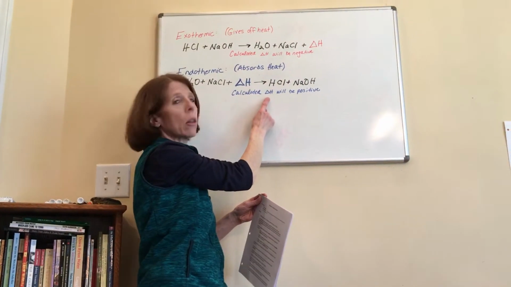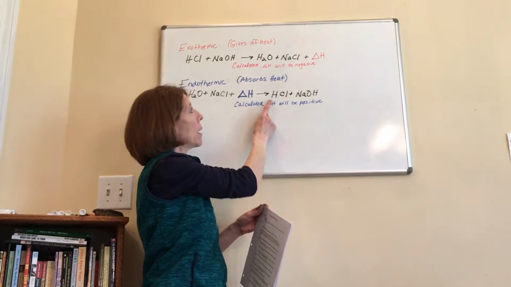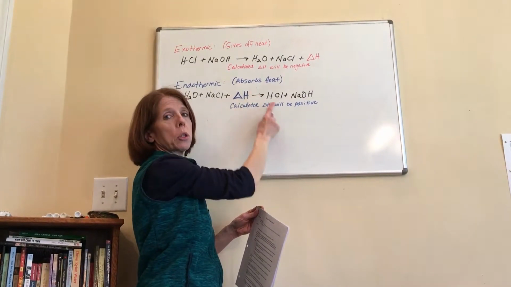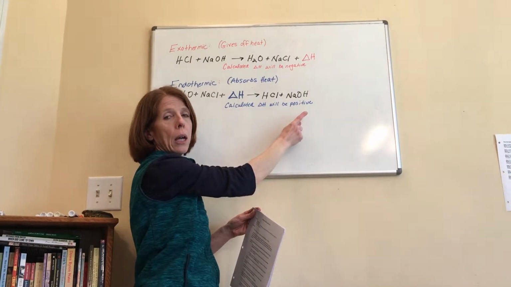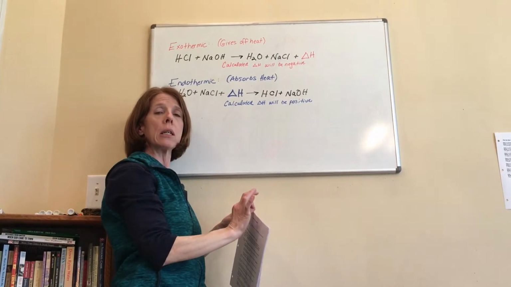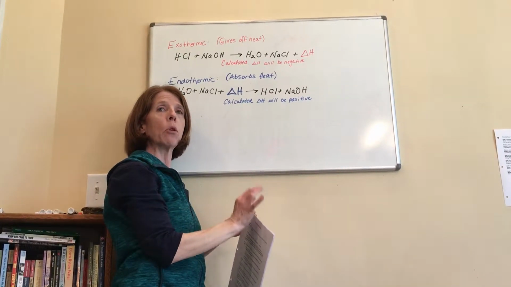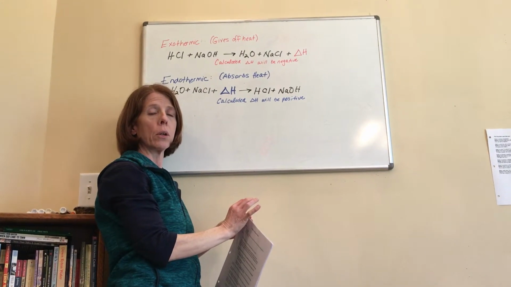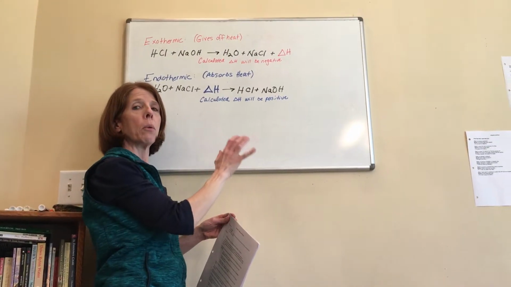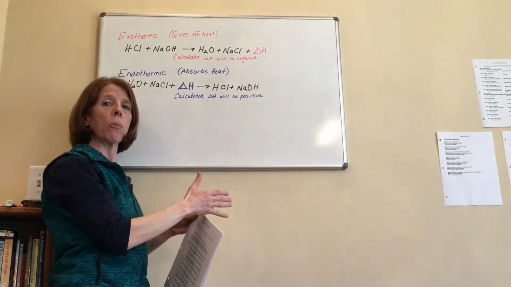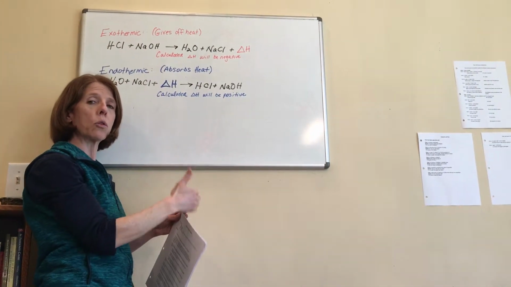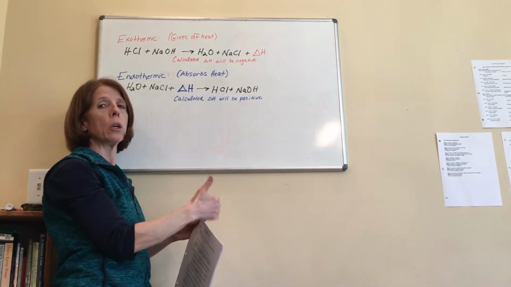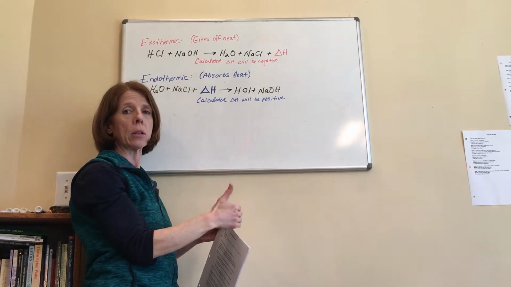A calculated change in energy in an endothermic reaction is going to be positive. However, when you list it in the chemical reaction, you're always going to list it as a positive number. When you're dealing with enthalpy as a stoichiometric equivalent, you're always going to list it as a positive.